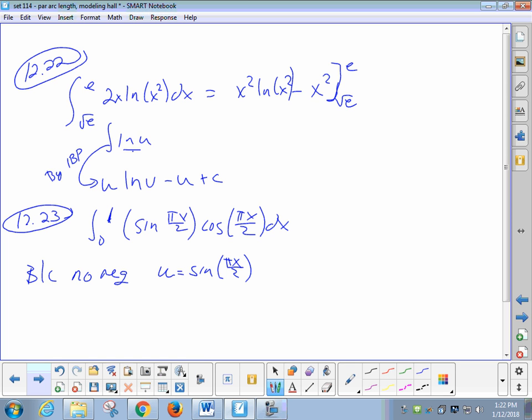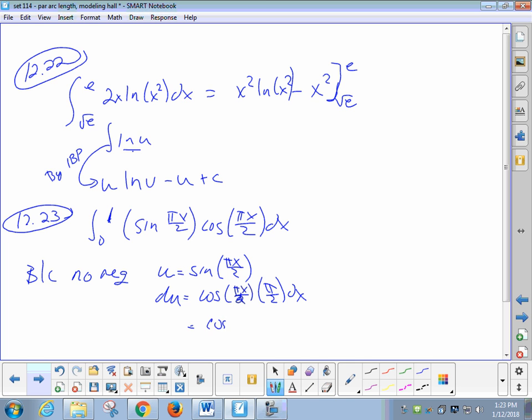Because if it had been cosine, then I probably would have seen a negative, but I could be thinking about that wrong. Are you with me? Okay, so if that's the case, then du is something like cosine pi x over 2 dx, times pi over 2 dx by the chain rule, right?